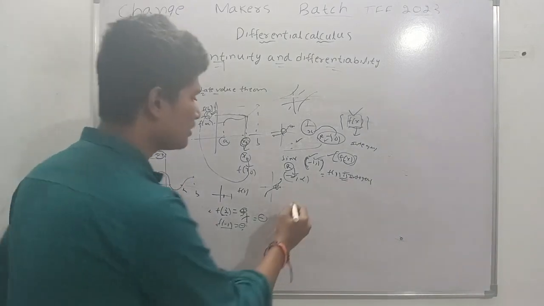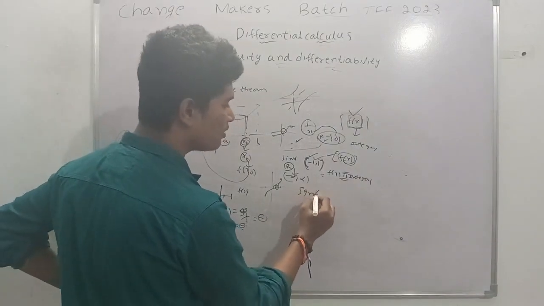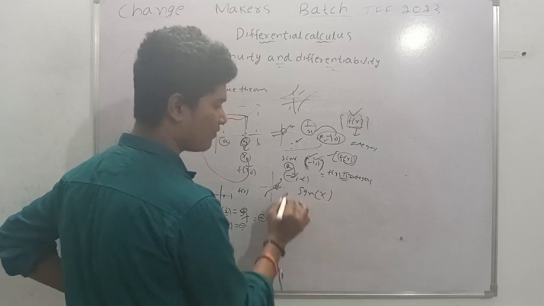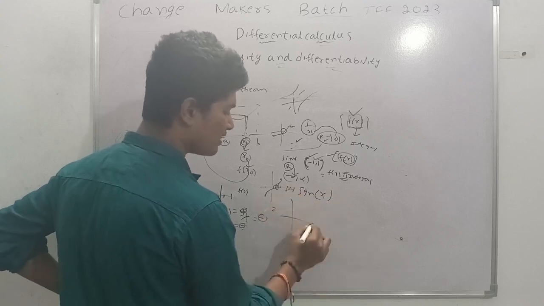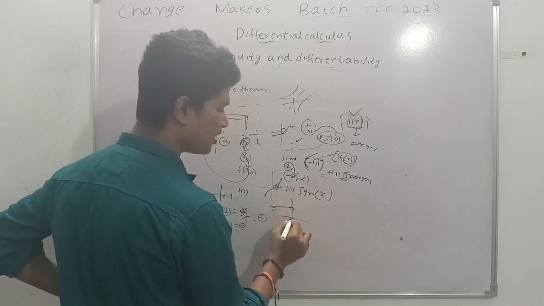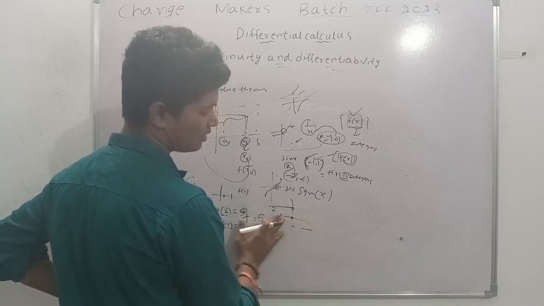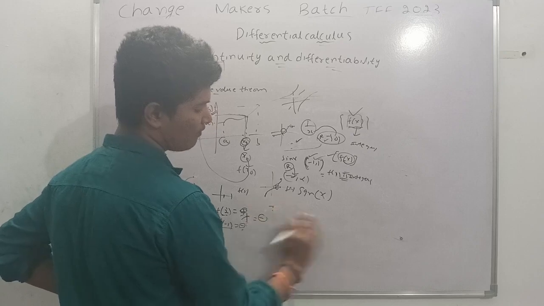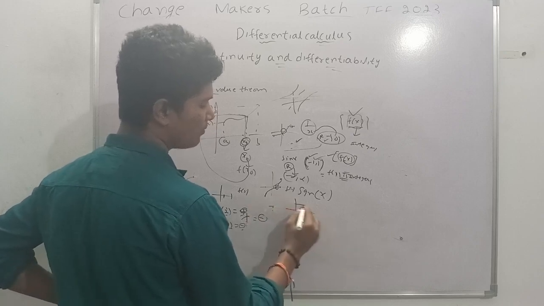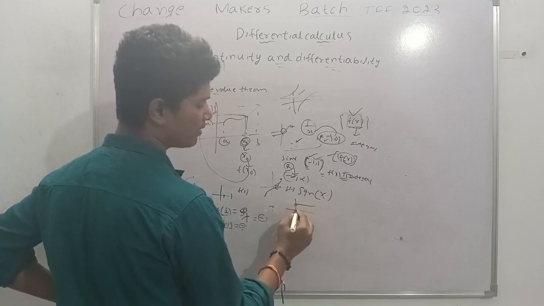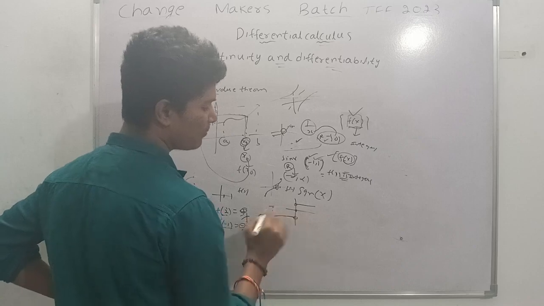And also signum of x. Suppose you take the signum x graph, what is the signum x graph? This is the signum x graph, here dark, here like this. Is it correct? For positive values it is positive. Okay, now it is correct.